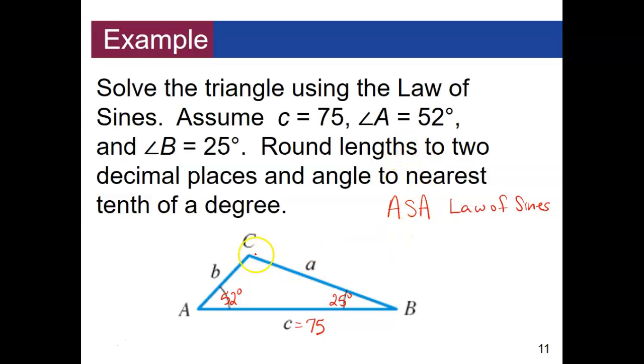And you're probably saying, well, we don't have that here, because we have something for C, something for A, and something for B. We can actually very quickly find angle C. We know that the sum of the angles of a triangle is 180 degrees. So if I subtract away the two angles that we already have, we're going to get the third angle.